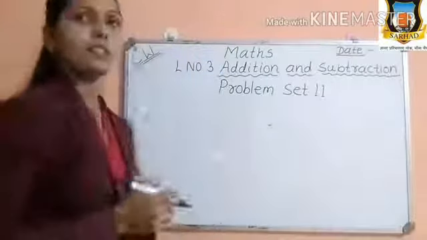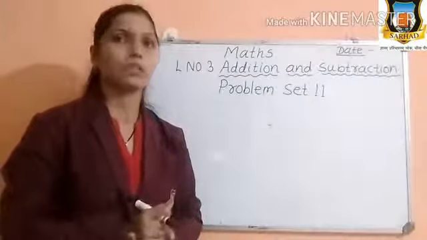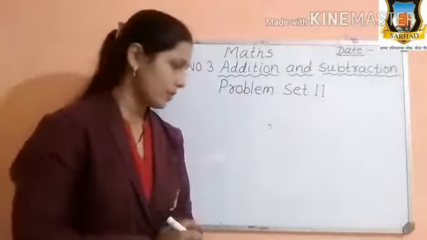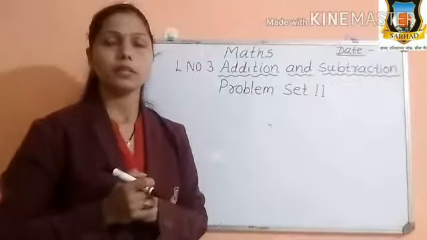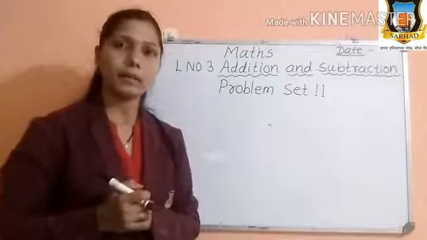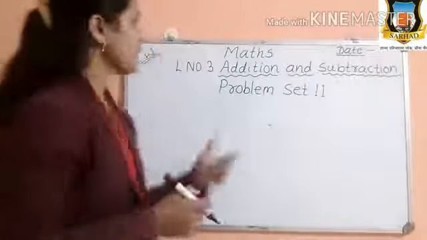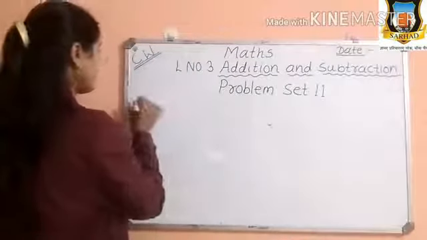See students, problem set 10 is based on subtraction of 4-digit and 5-digit numbers. So those examples you have to solve for your self-study. Okay, now from problem set 11, we will see some examples.